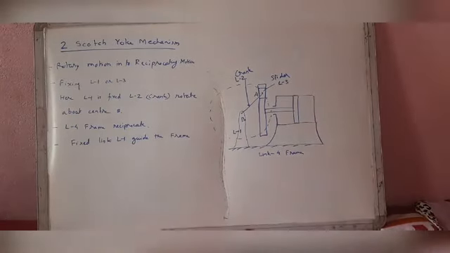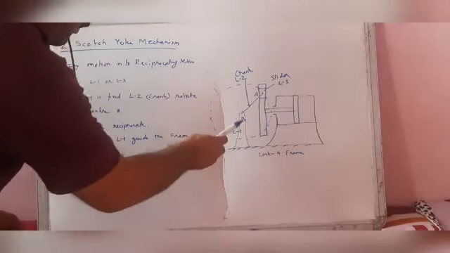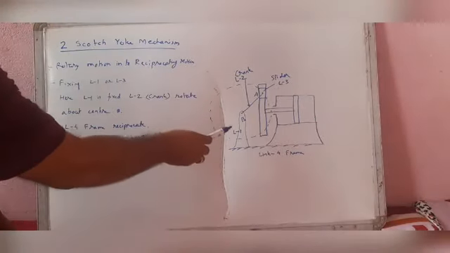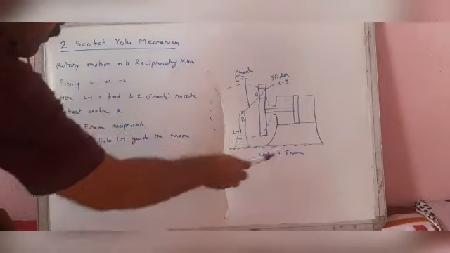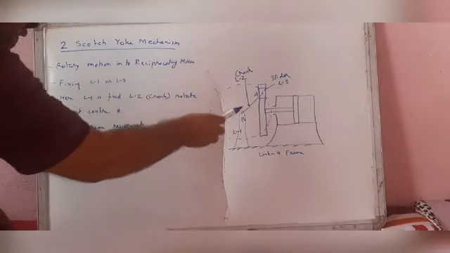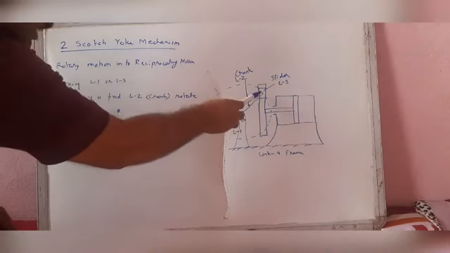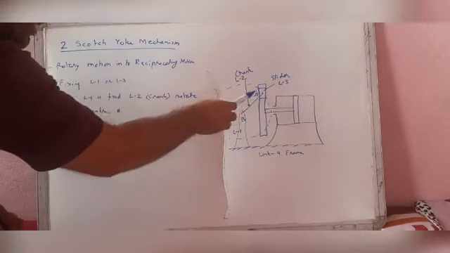Here this is the Scotch yoke mechanism. Here B is fixed, this is link 1, link 4 is the frame that is fixed, crank AB is attached here as link 2, and here is slider link 3.